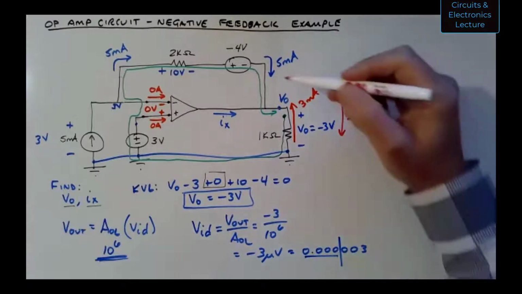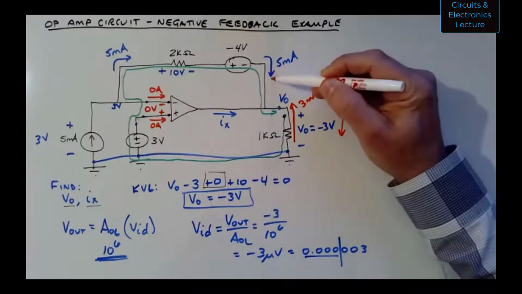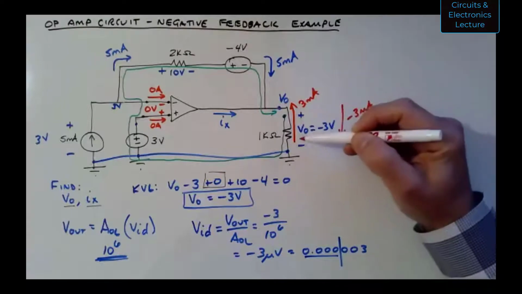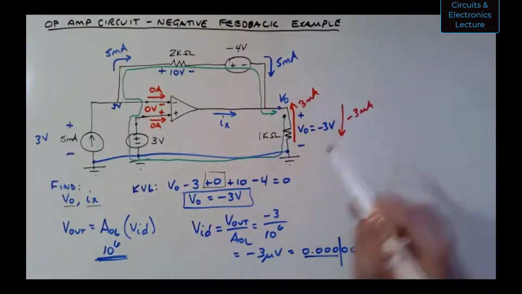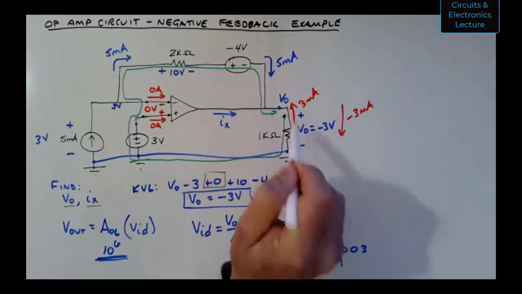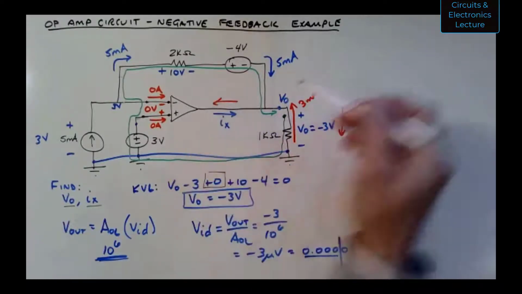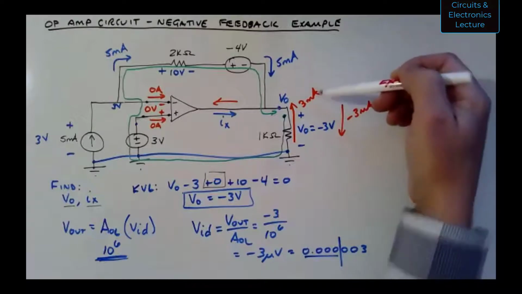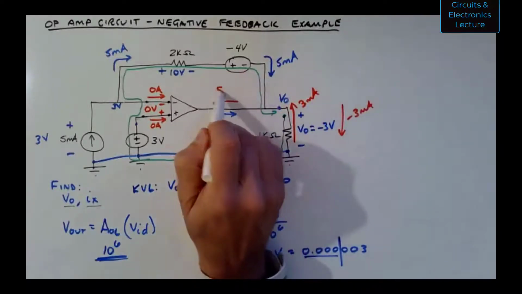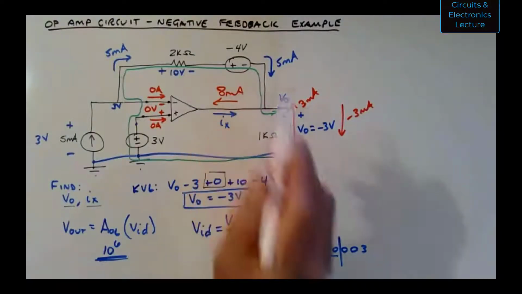Okay, so I have 5 milliamps coming down from the feedback branch. I have 3 milliamps coming up from ground, because that's a negative voltage, into this node. So that means I have a sort of mental KCL equation: 8 milliamps going that way.